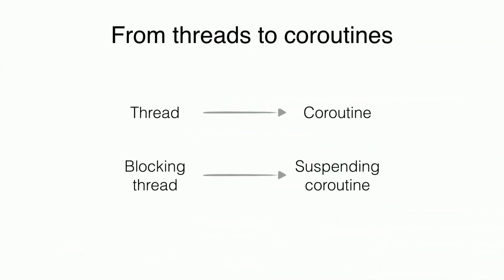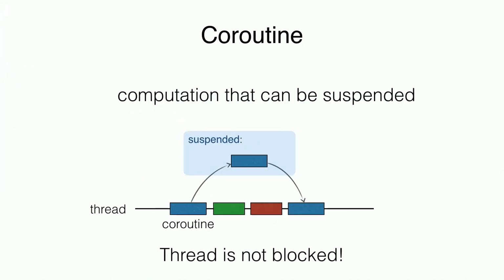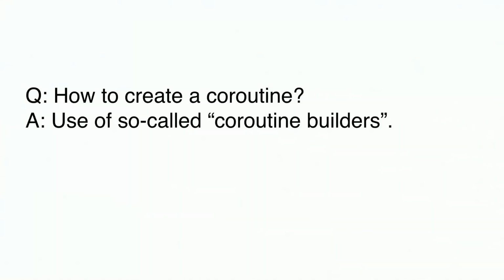So that's how we changed a blocking thread to the mechanism of suspending the coroutine. The thread is now free for other activities. It's not blocked. The question is, how to create a new coroutine?